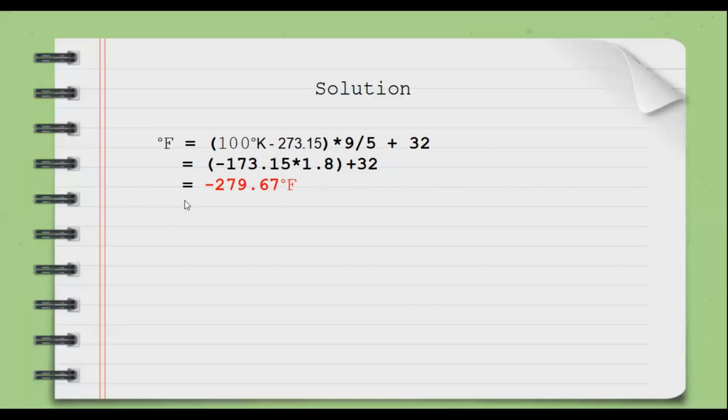So that is our value of 100 degrees Kelvin in degrees Fahrenheit. So those are our formulas of temperature conversion. If you notice, it is easy to convert temperature between different units as long as you have the formula.